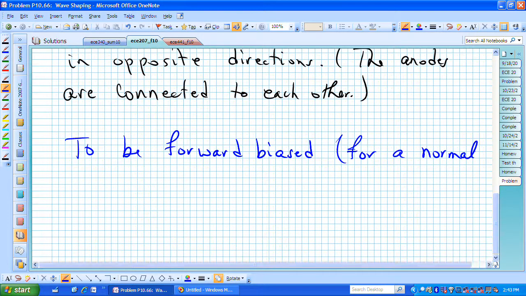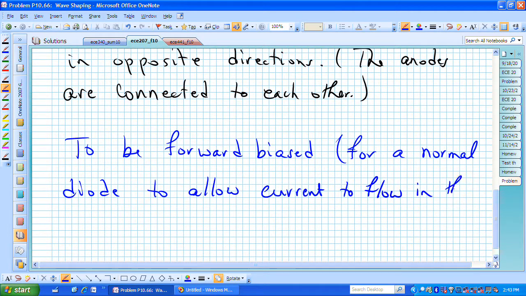We're just looking at typical normal diodes, and in this problem we're assuming those diodes are ideal. To be forward biased for a normal diode is to allow current to flow in the forward direction. That's what we really mean by a diode being forward biased.